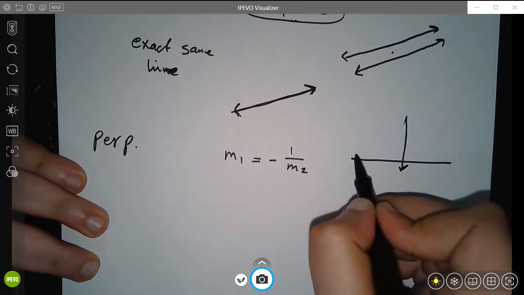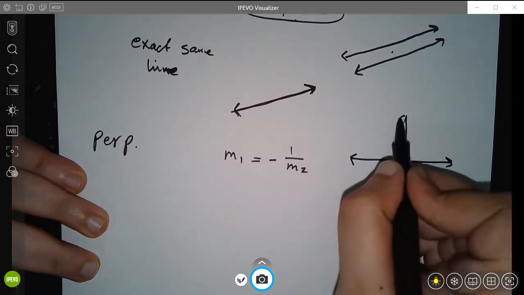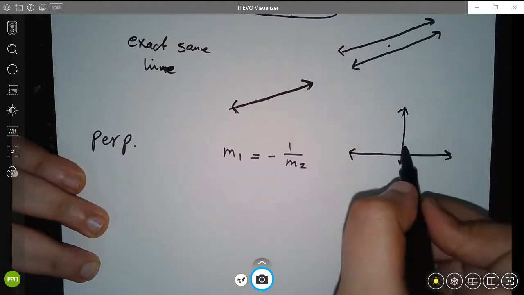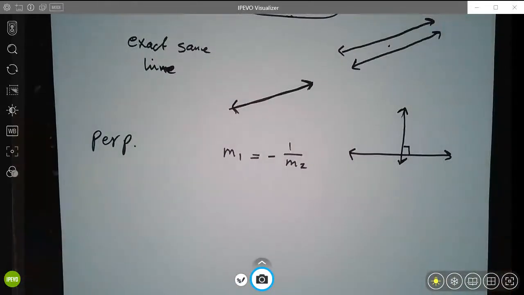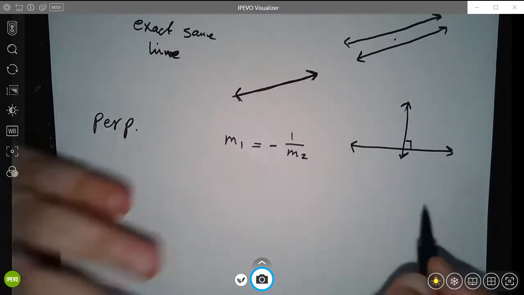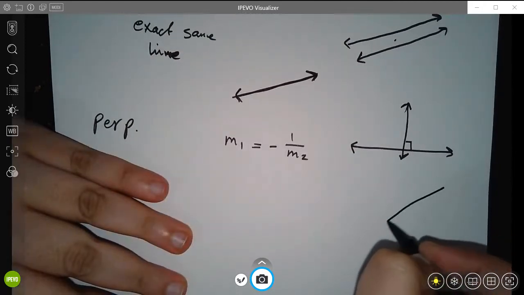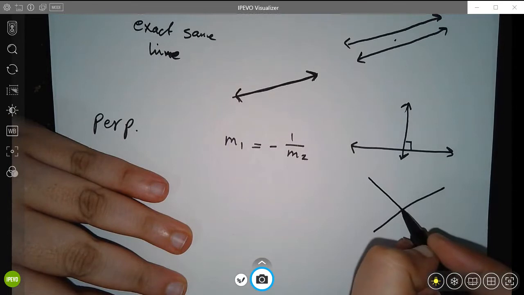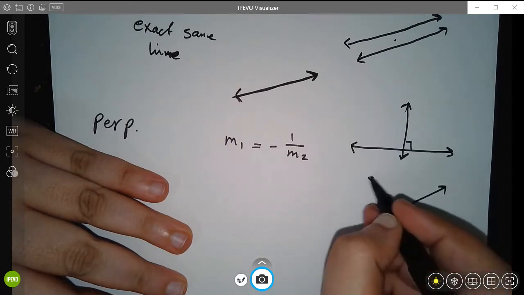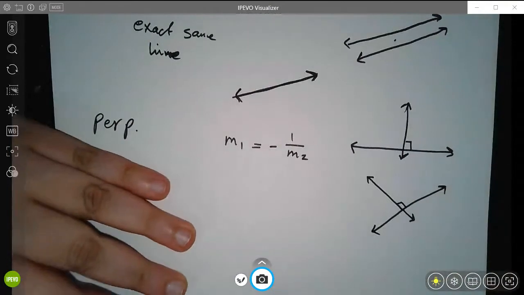So that's not just any intersection, it's head on with a 90 angle, right? Kind of like your x and y axis. And they don't have to be vertical and horizontal. They could be like this, for example, and this one's just perpendicular to it.